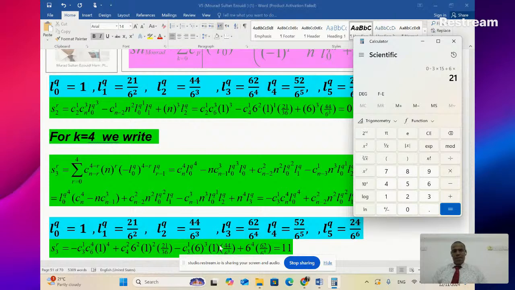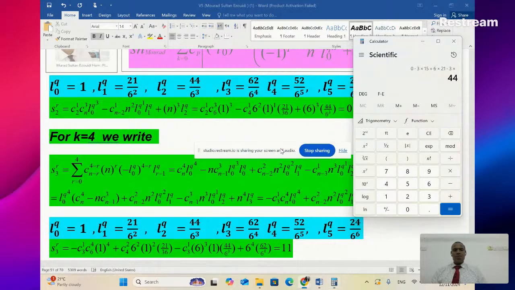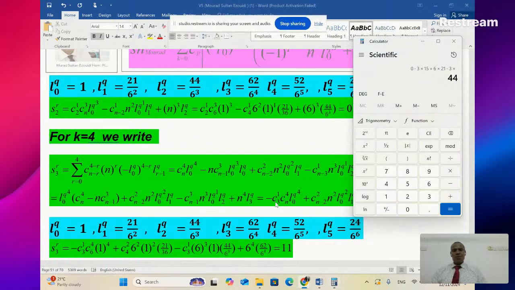Then minus 3 multiplied by 44. Then plus 62, simply because 6 raised to the power 4 divided by 6 raised to the power 4 is equal to 1. So just write plus 62. This one, in fact, is equal to 11. So therefore, S3 is going to be equal to 11.